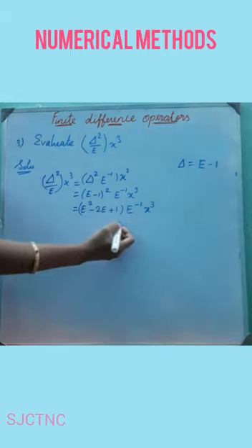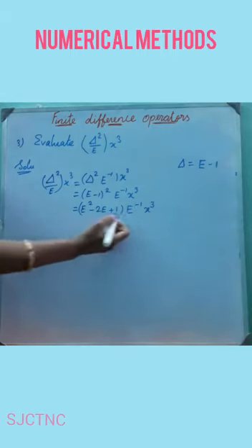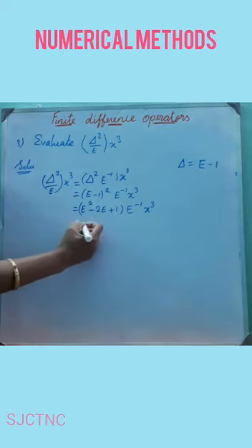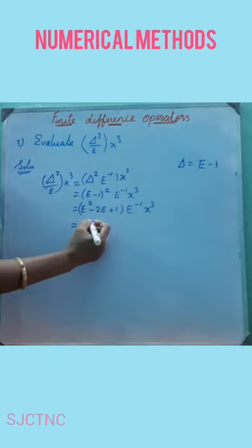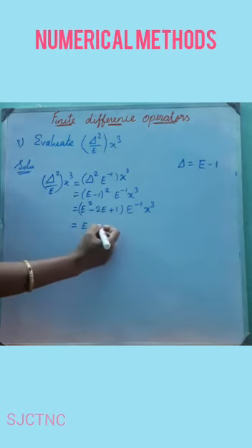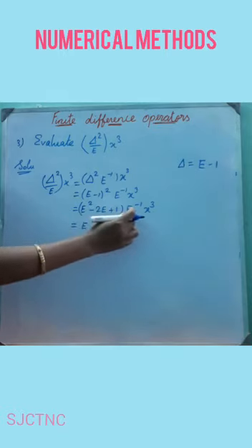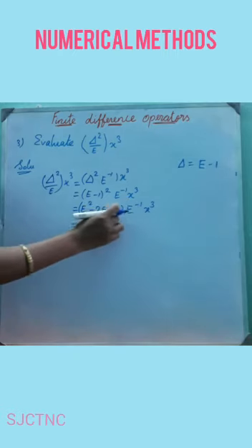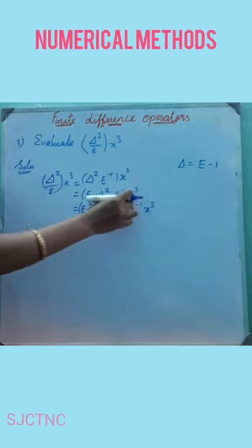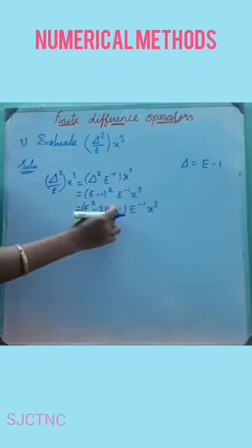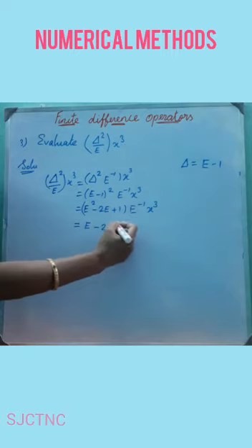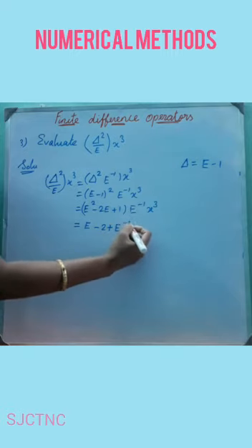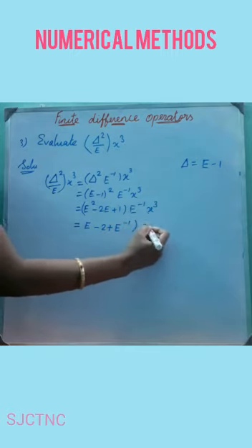Now multiplying throughout by e power minus 1, we get e squared into e power minus 1 is e power 1, minus 2 into e power minus 1 is e power 1 minus 1, so e power 0 is 1, therefore it is minus 2 plus 1 into e power minus 1, x power 3.